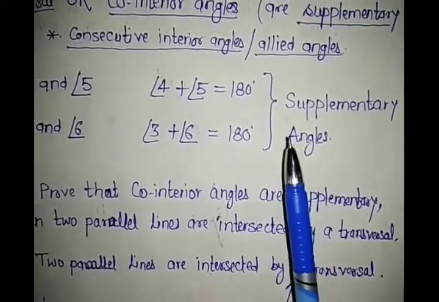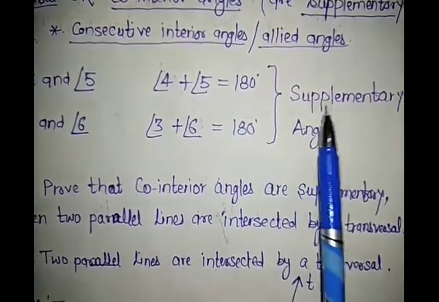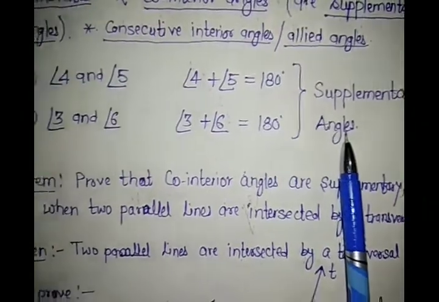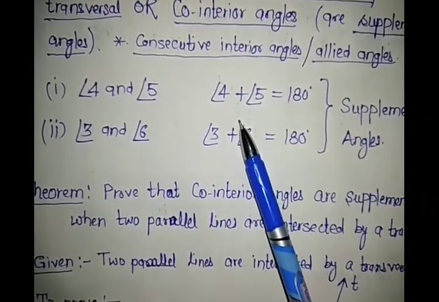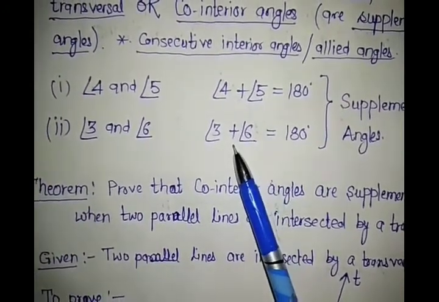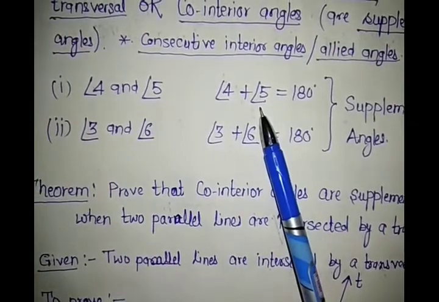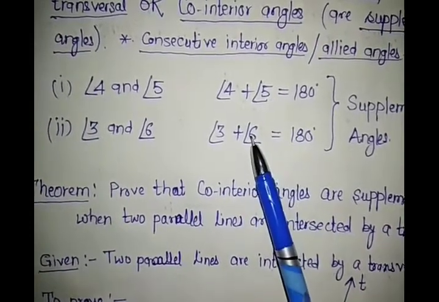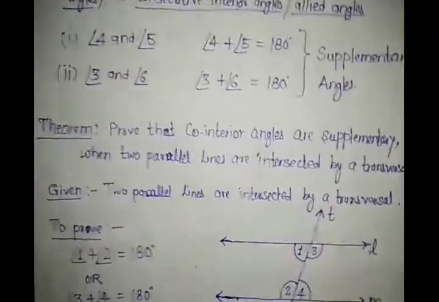Supplementary means two angles whose sum is 180; those angles are called supplementary angles. Now a theorem arises on this topic, that alternate interior angles on the same side of the transversal, means co-interior angles, are supplementary. So let's study this theorem.